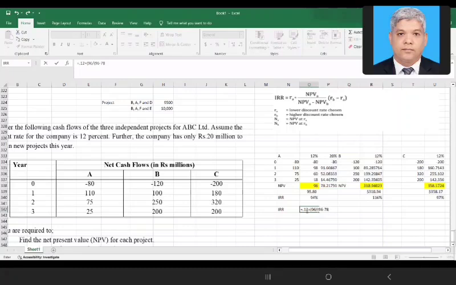Since it is a positive value, you can take it as it is, and then multiply it by the difference. The difference is going to be 0.08.